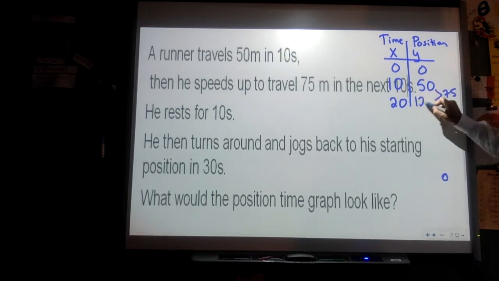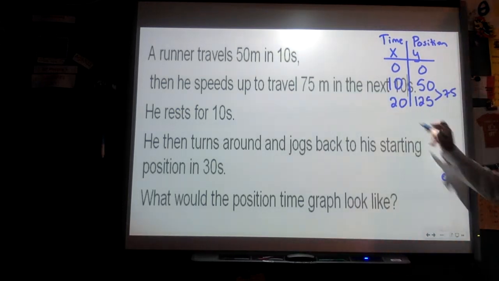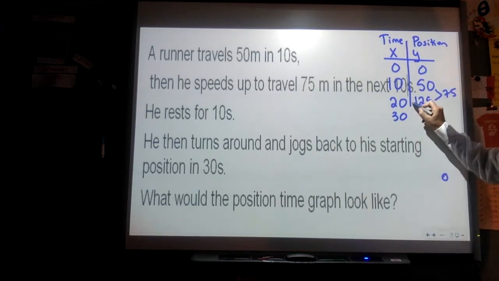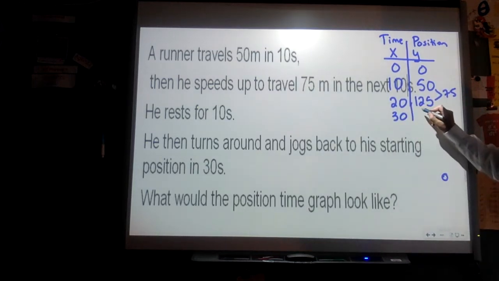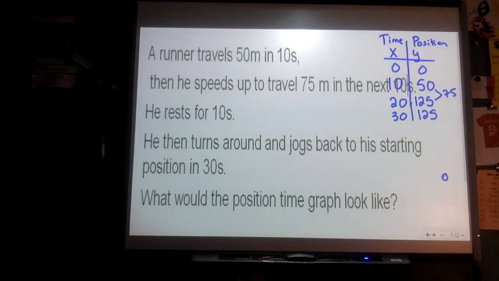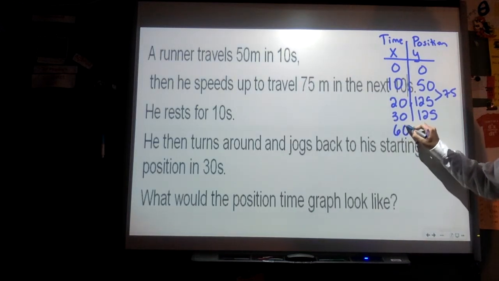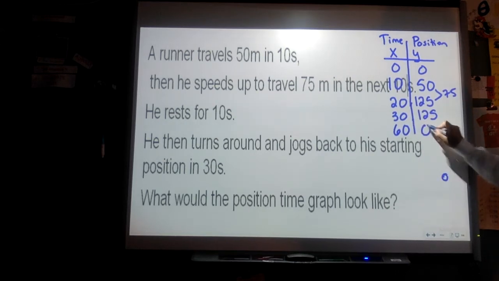So now he's located at 125. He's going to rest for 10 seconds. So my time's going to go from 20 to 30 seconds, where my distance is going to stay the same. Then he's going to turn around and go back to his starting position in 30 more seconds. So that means he'll be at 60 seconds at that point, and he started at 0.